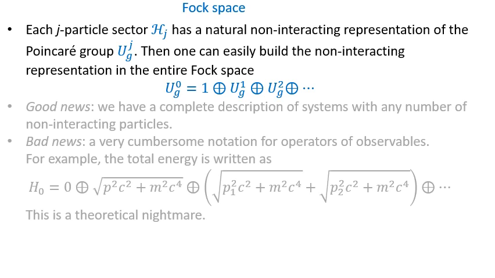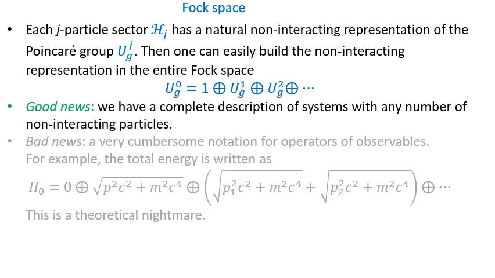Now, according to the Wigner-Dirac prescription, we have to define a unitary representation of the Poincare group in the Fock space. We already know that each sector with J particles has a natural non-interacting representation of the Poincare group. Then we can just form a direct sum of such representations and obtain the non-interacting representation in the entire Fock space.